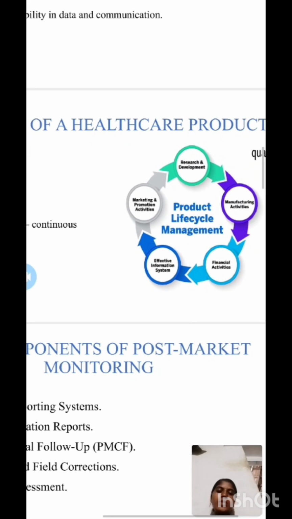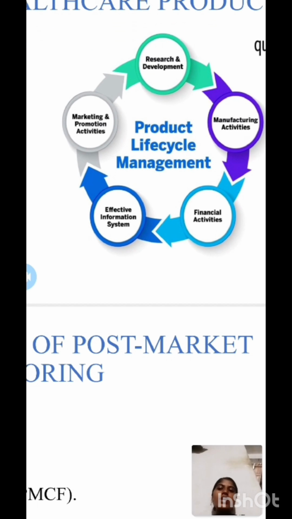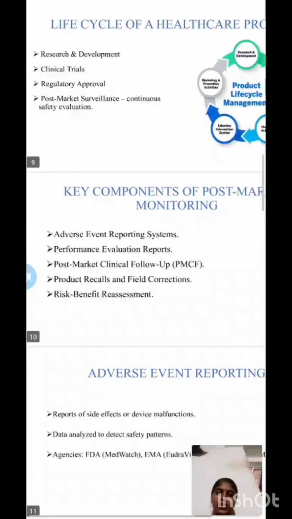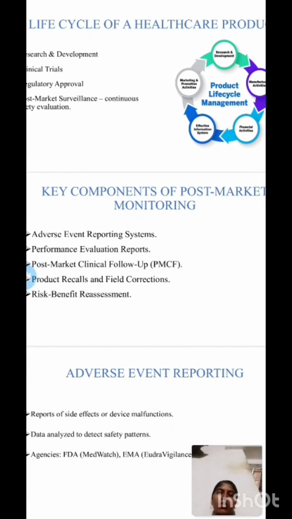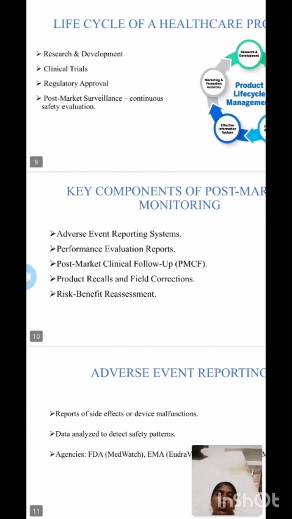In one cycle format: research and development, then manufacturing, financial activity, effective information system, marketing, and promotion. In each of these steps we have some different topics.